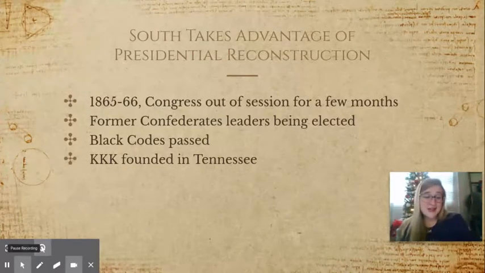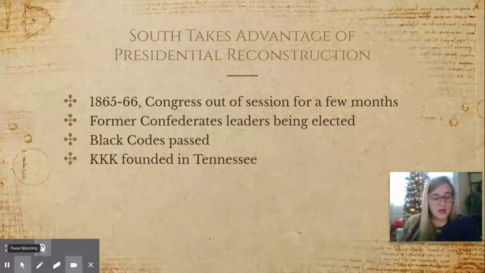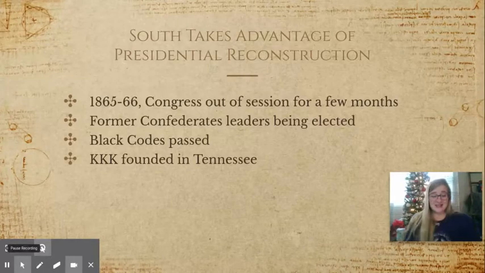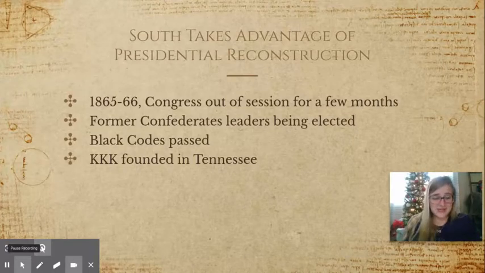They pass a series of black codes, and we'll talk about black codes later. The KKK is founded in Tennessee, and these are Southern whites fighting this guerrilla warfare against freedmen for white supremacy.